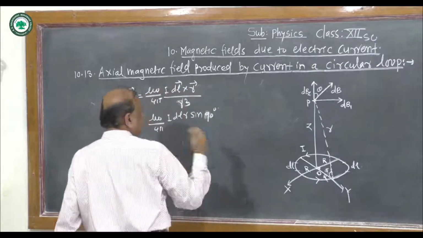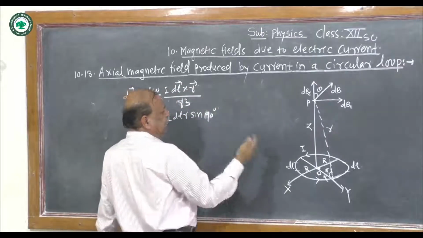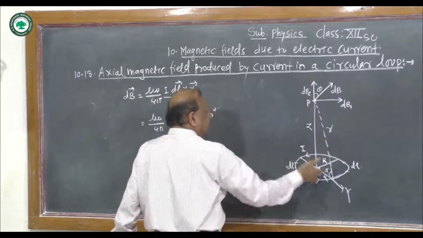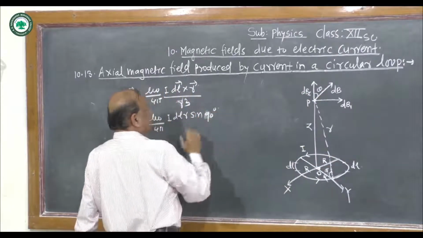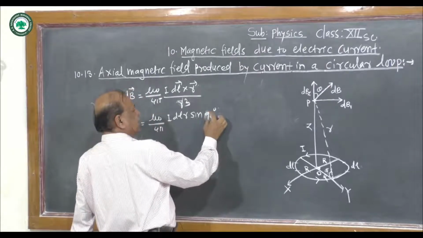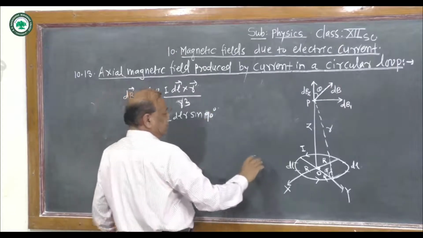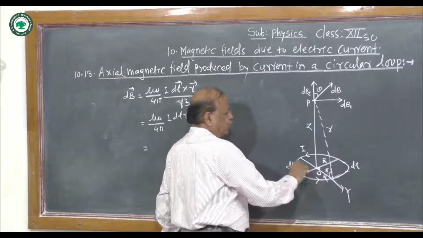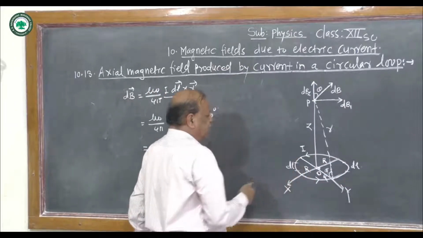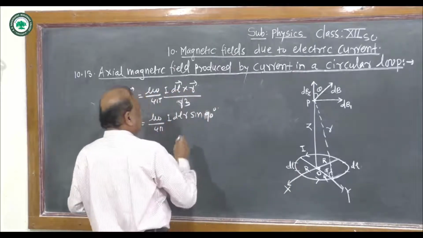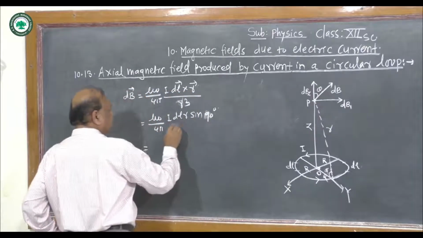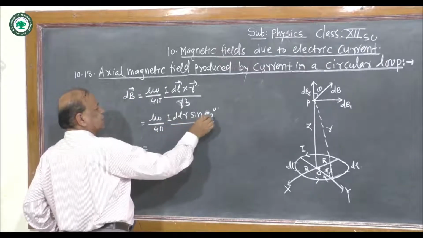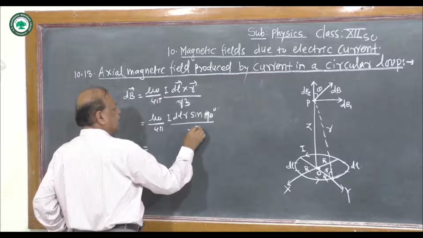And now this dl element, the magnetic field with this element dl always makes angle theta equal to 90 degree. Means consider this circular loop, every element makes the angle 90 degree, and therefore this equation becomes mu 0 by 4 pi I dl r sin 90 divided by r cube.